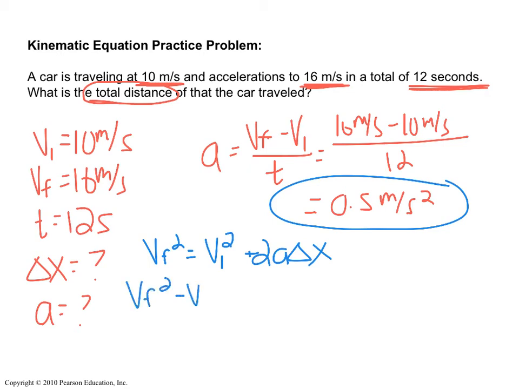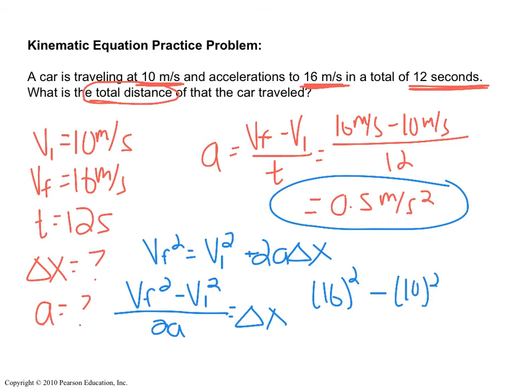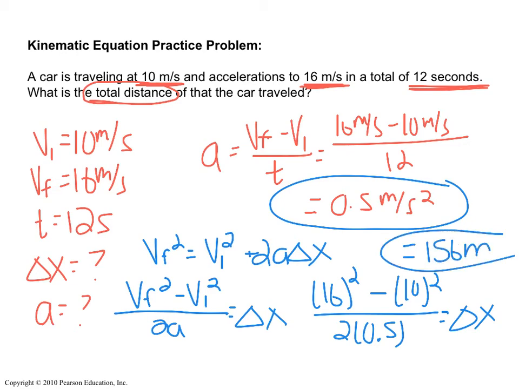So let's take a minute to do that. Delta X. Okay, from here I can plug in my numbers. So I'm going to have 16 squared minus 10 squared over 2 times 0.5 equals delta X. So I'm going to get a distance of 156 meters.